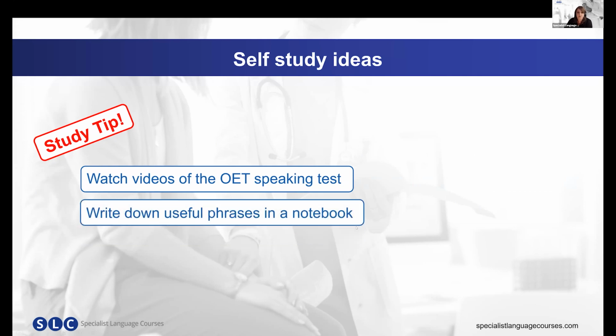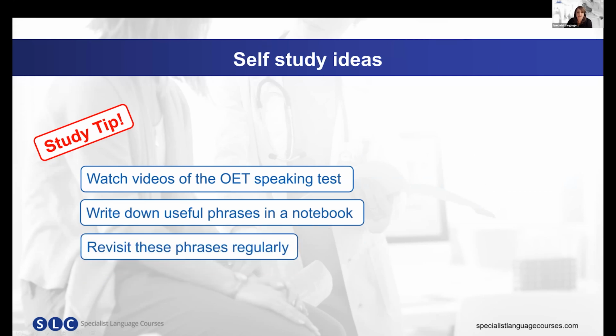Write down useful phrases in your notebook. Make sure you revisit and reuse these phrases regularly. It's not enough just to write the phrases down and then leave your notebook. Perhaps you can make flashcards with these phrases on so that you're seeing them regularly and you're practicing using them.